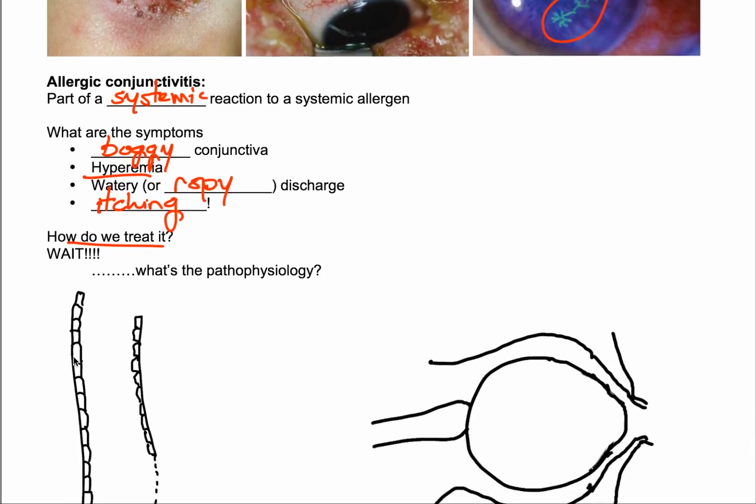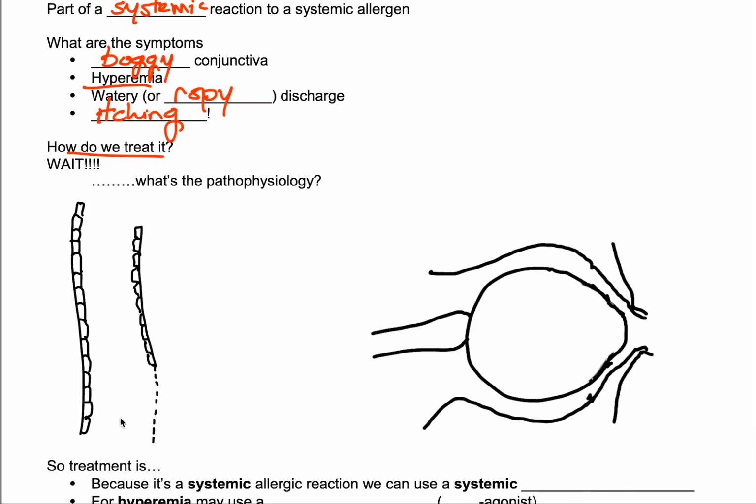Well, wait a minute. Let's take a look at the pathophysiology. Now, remember, there are allergens moving systemically throughout the patient's body, and there are mast cells and H1 receptors on vascular endothelium. And once these receptors are activated and histamine is released, mast cells degranulate.